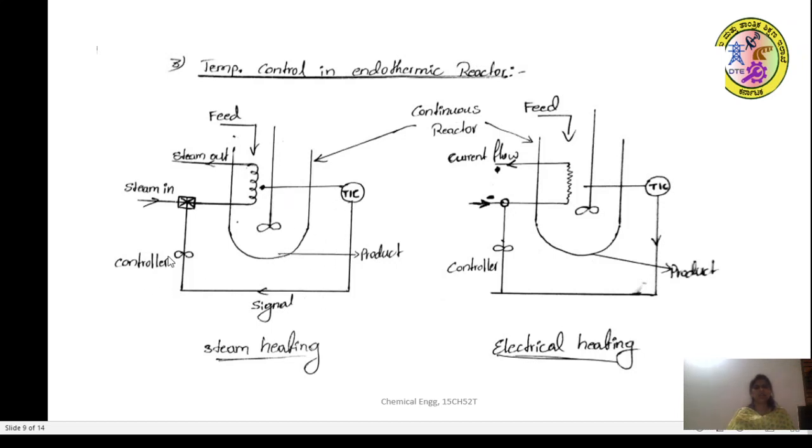The signal is again being sent to the final control element in order to open the valve or close the valve based on the set point, whether it crosses beyond the set point or is less than the set point. So here the temperature control is being done by means of steam. Here it is being done by means of electrical heating by an electrical heater.